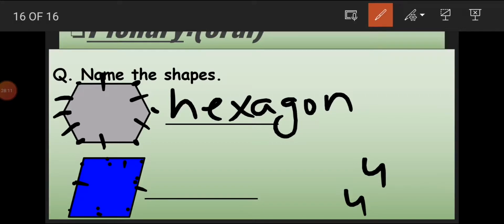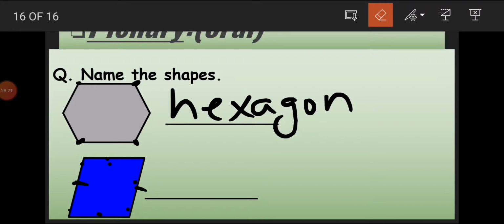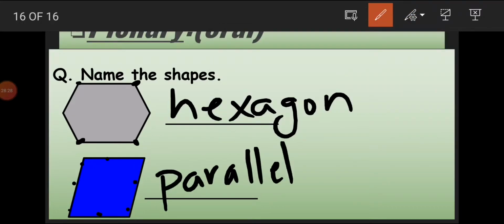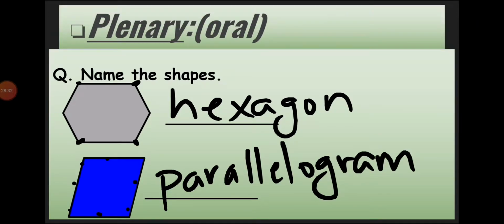These 2 parallel sides are of equal length. So it's a parallelogram. I'm going to write its name here: parallelogram.